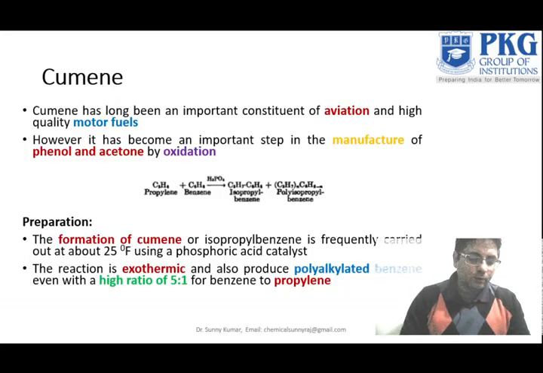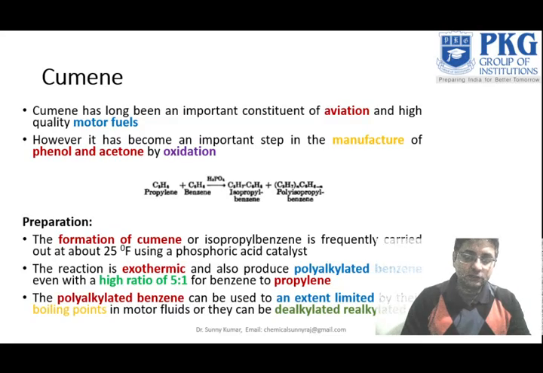So the benzene to propylene ratio is 5:1, and this is an exothermic reaction. The polyalkylated benzene can be used to an extent limited by their boiling points in motor fuels, or they can be dealkylated and realkylated.